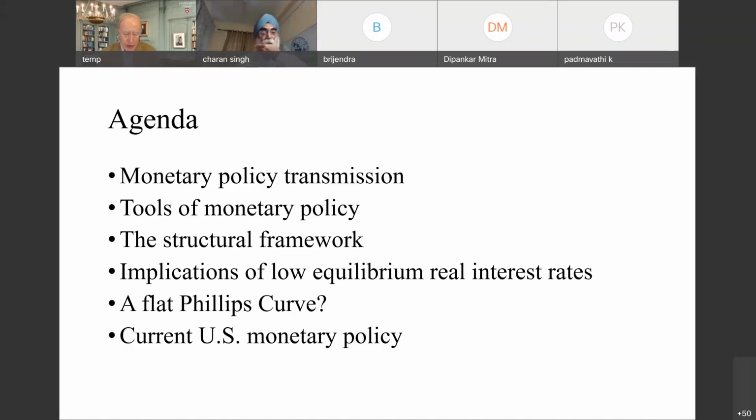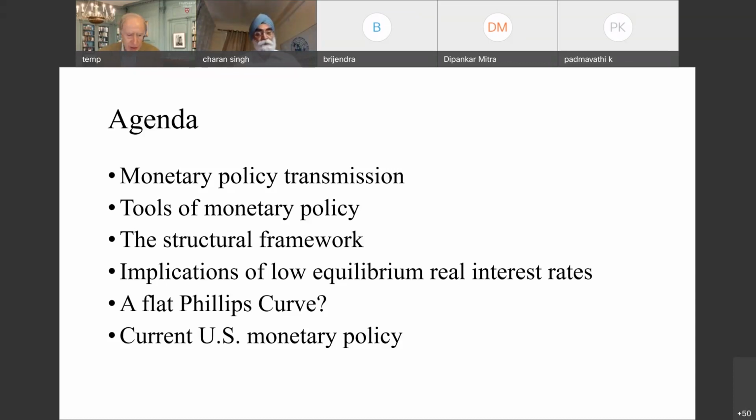In other words, the price setting mechanism is not responsive to the state of utilization of resources in the economy. And then finally, I'll conclude with a few comments on the current set of monetary policy decisions that we are now facing in real time in the US.